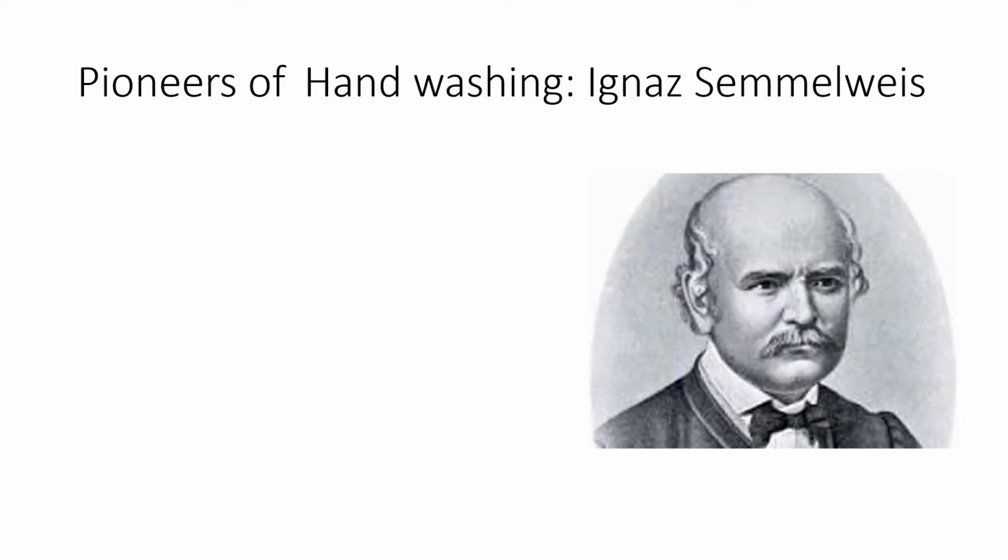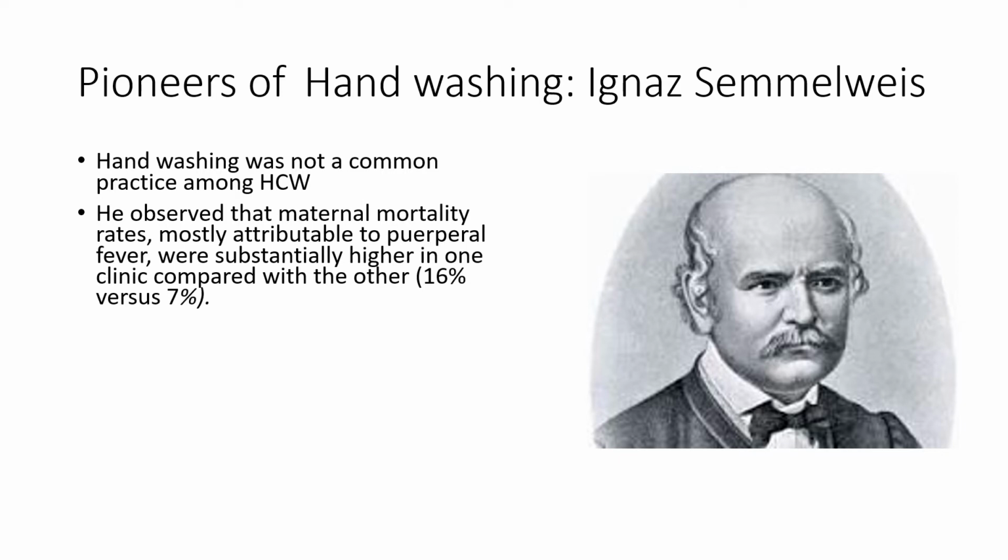So one of the pioneers in epidemiology, and someone who helped develop this idea that you could use chemical sanitizers to reduce microbial load, was Ignaz Semmelweis. He's the pioneer of hand washing. Hand washing, believe it or not, was not a common practice amongst healthcare workers.